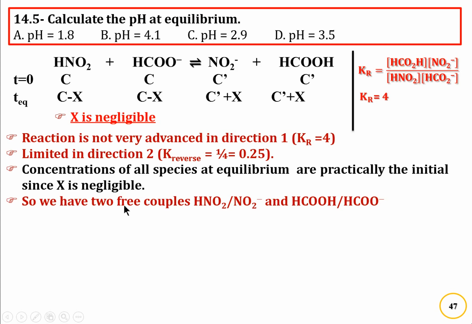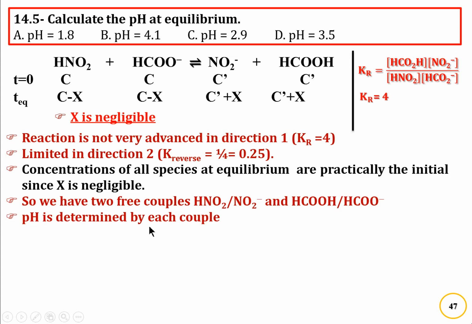So in the solution, we have two free couples, HNO2/NO2 minus and HCOO minus/HCOOH, and these two couples behave as free in the solution.